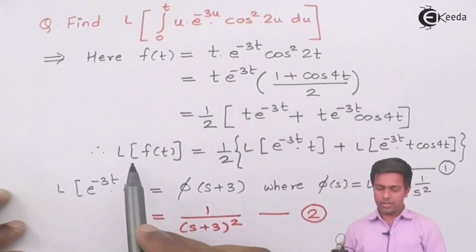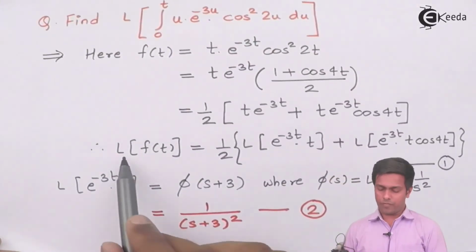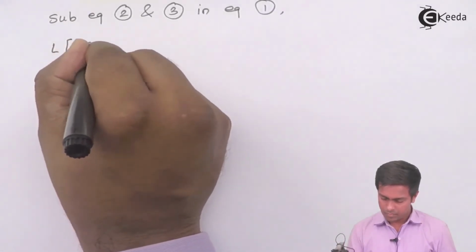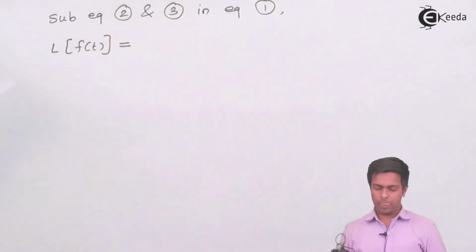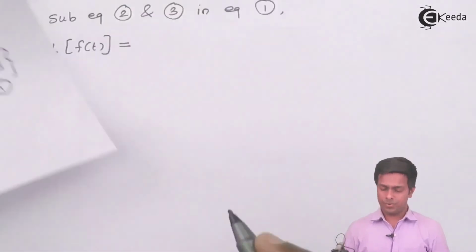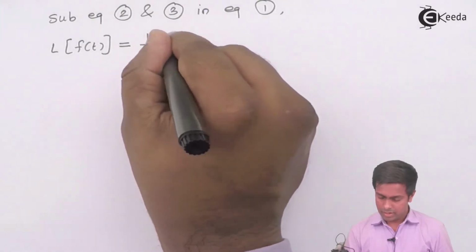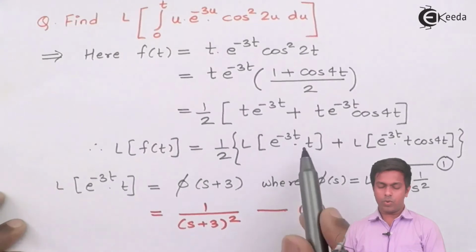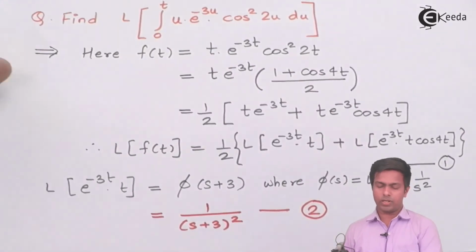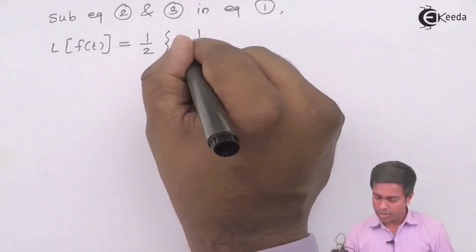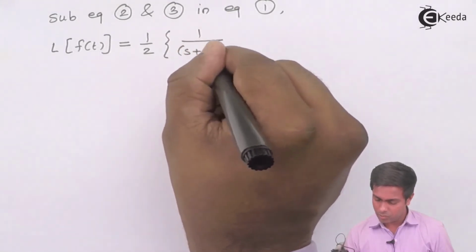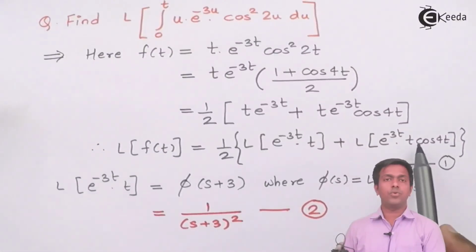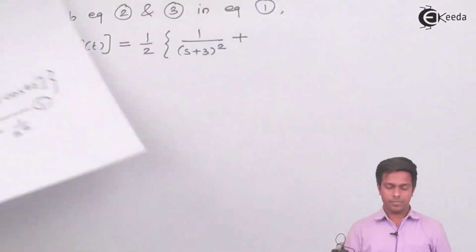So here Laplace of f of t is equal to 1 upon 2 in the bracket. Now this value is 1 upon s plus 3 the whole square, as it is, plus now the second value that we got in equation number 3.